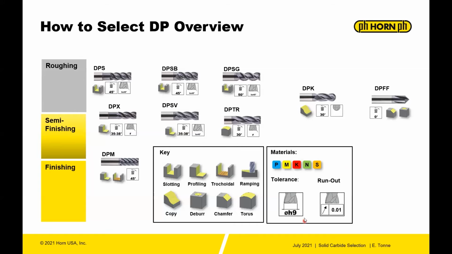They have a front end tolerance of H9 and a run out tolerance of 10 micron. Lastly, you can see the DPK and DPFF. So those are chamfering tools. Those are fairly self-explanatory, where you would use those when you need to do contouring, profiling of a part, or you need to produce a chamfer.